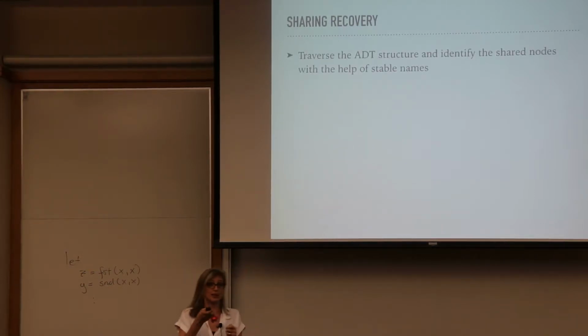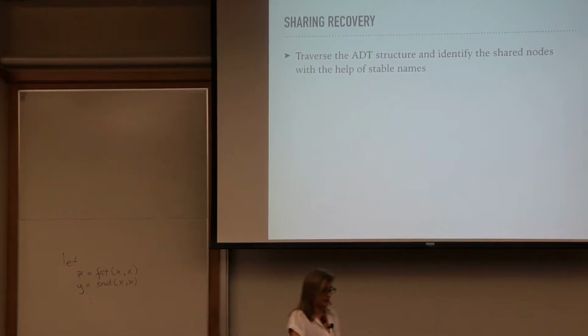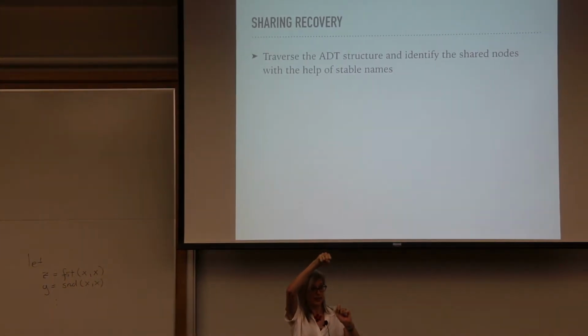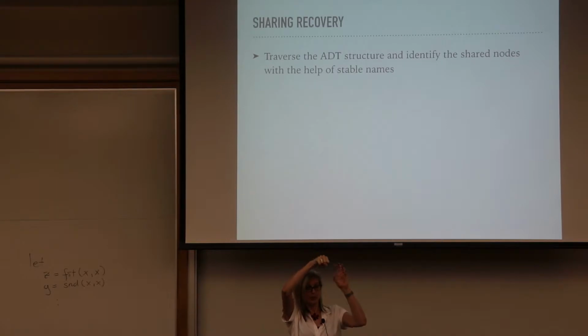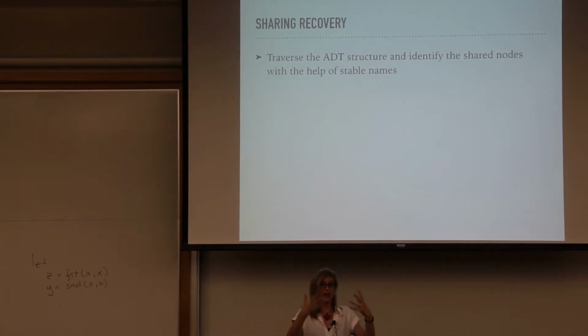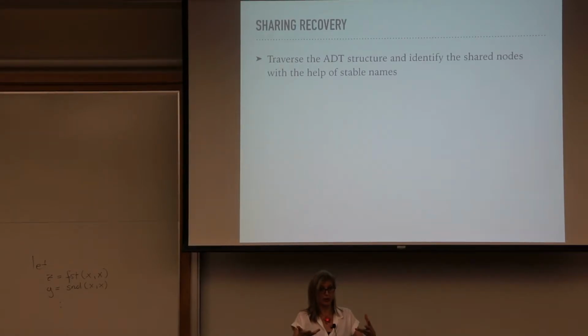So the idea is that we can take this data structure and traverse it, and before we visit the children of the data structure, we get a stable name for each node, and then we keep track of that.